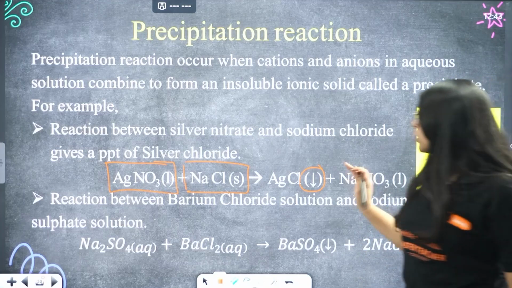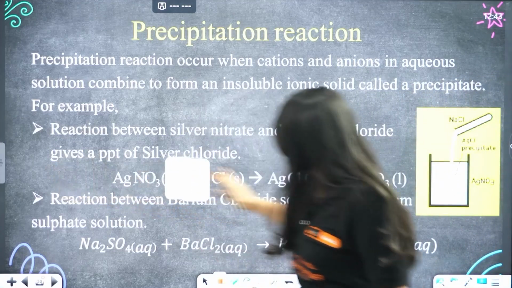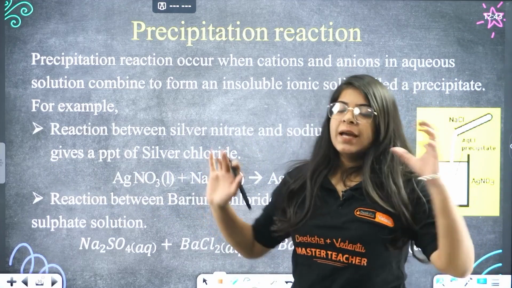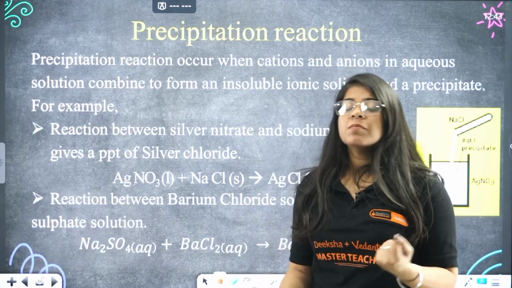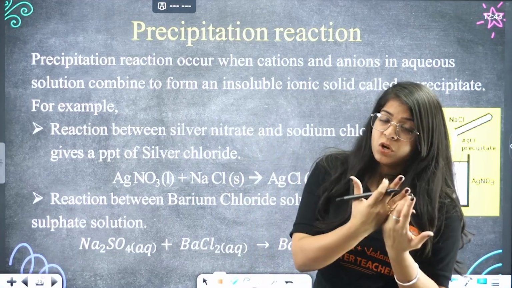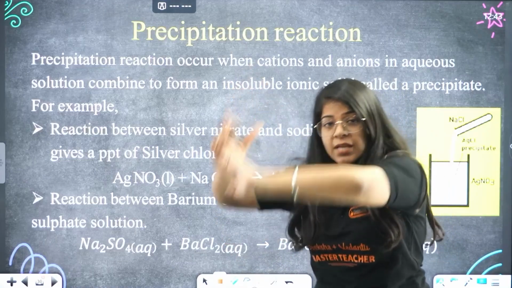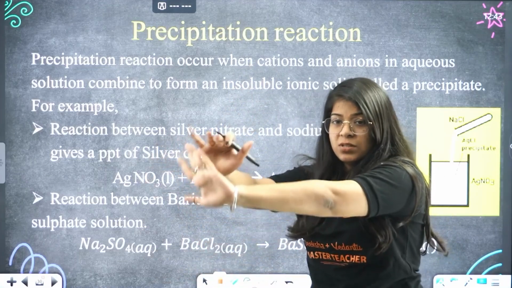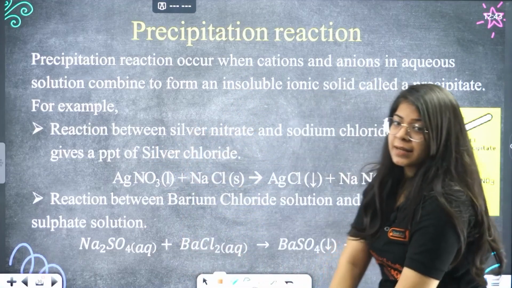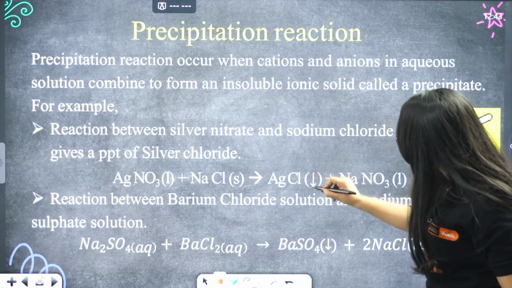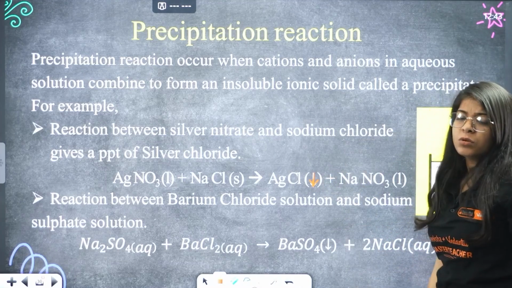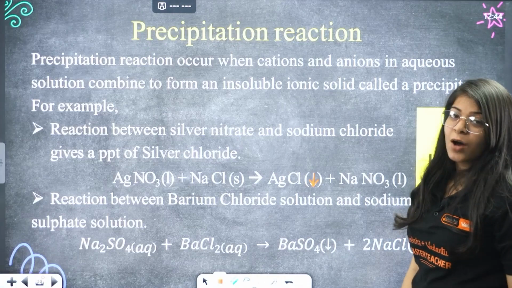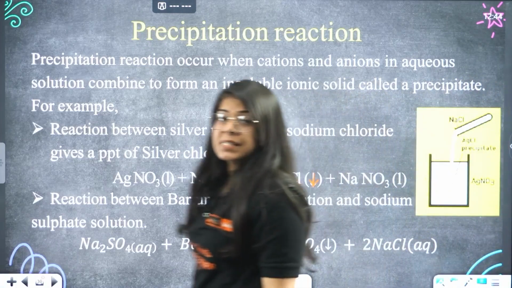So AgNO3, when reacted with NaCl, becomes NaNO3, which is a solution, but AgCl settles down. You always have to put a downward arrow to depict that something is settling down, and that something is a precipitate.